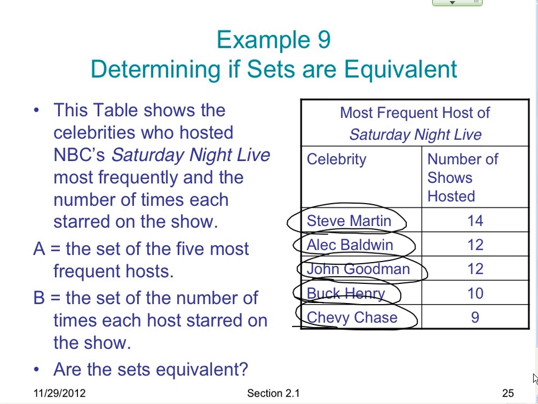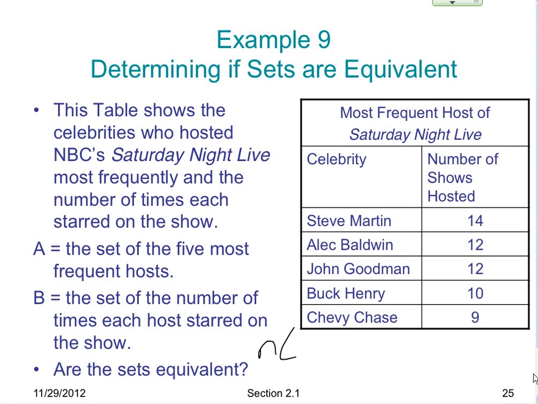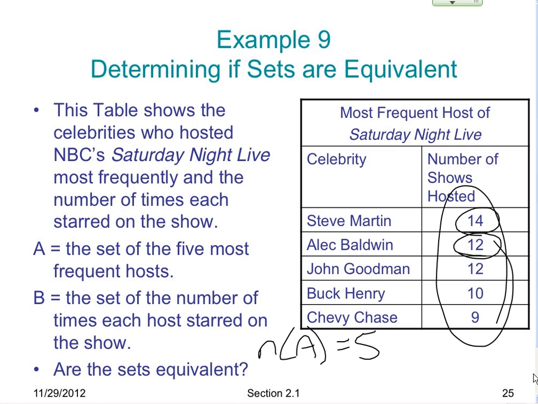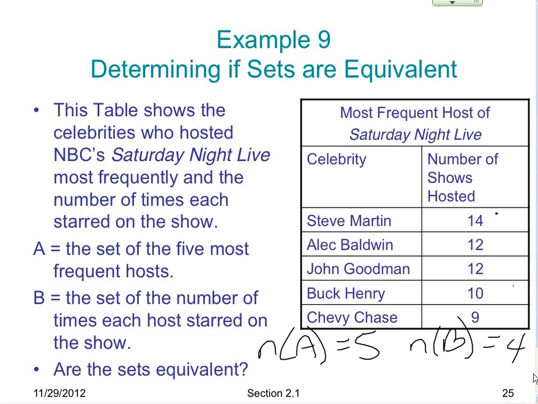So the cardinal number of set A, n of A, is equal to 5. Set B has 1, 2, we don't count this one because it's a repeat, 3, 4. So the cardinal number of set B is 4. So n of B is 4. Are these two sets equivalent? No, they have a different cardinal number.